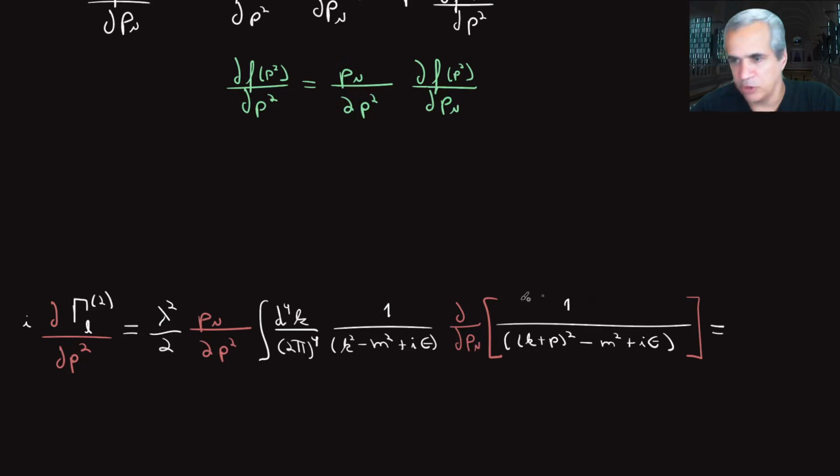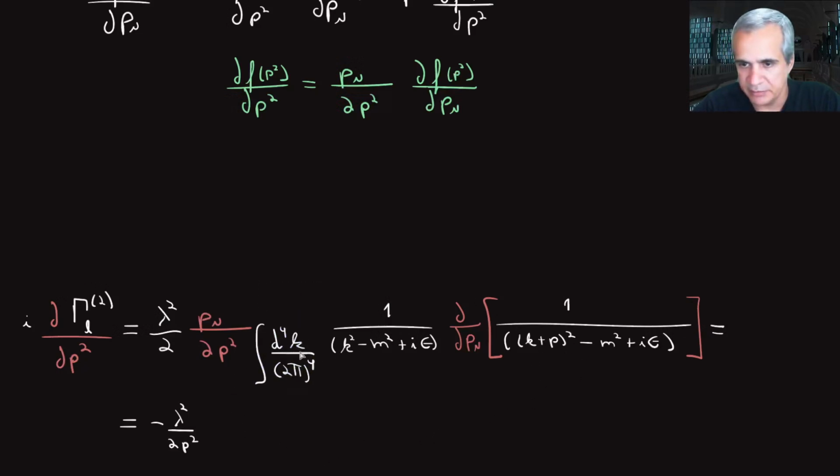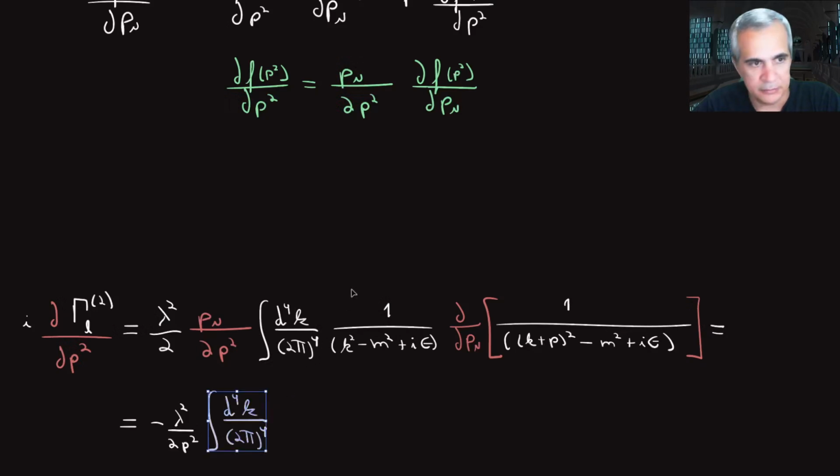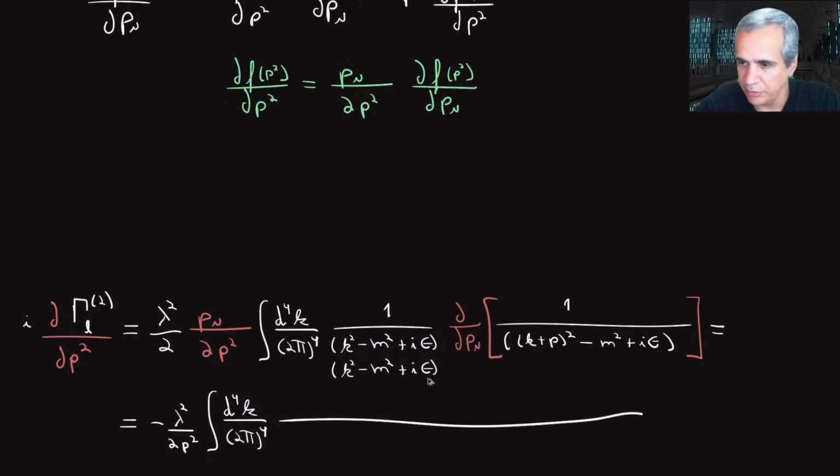Okay. So now I have to take this derivative. This is not difficult. It just acts on this denominator. So I get minus lambda squared over 2p squared. There's a factor 2 that disappeared here that came from the derivative. This guy just repeats. This one, 2. Let me put this guy into the denominator here.